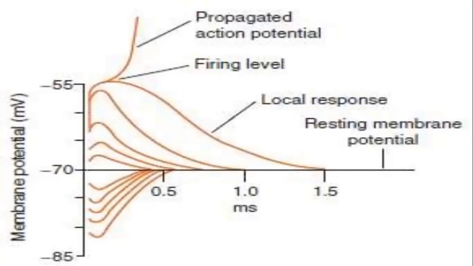The action potential may be defined as the brief sequence of changes which occur in the resting membrane potential when stimulated by a threshold stimulus. Now let's come to this picture.